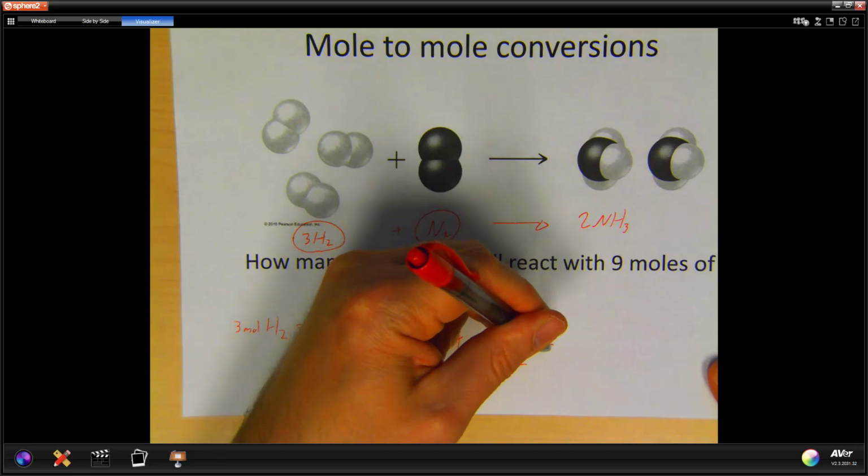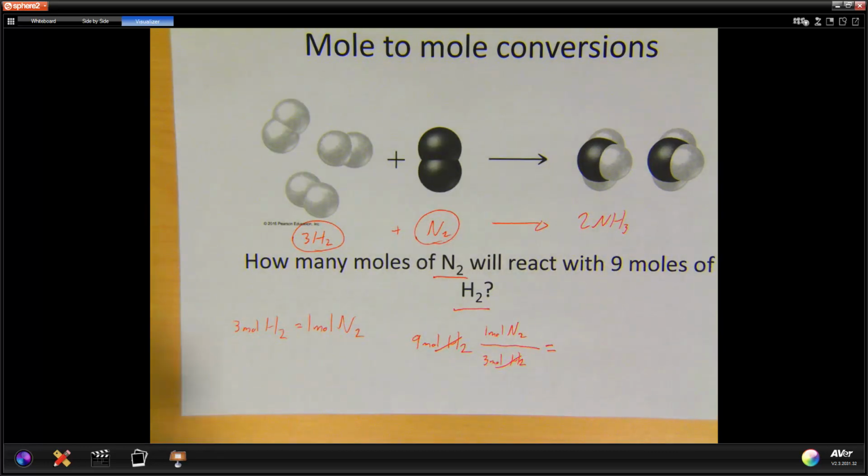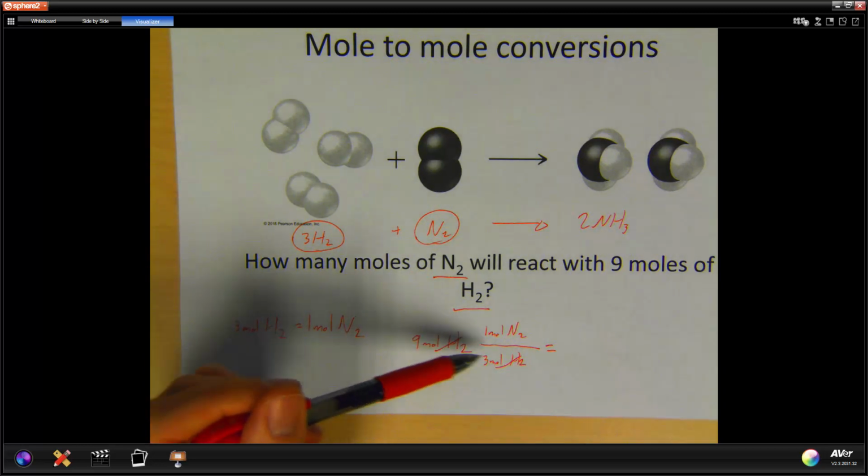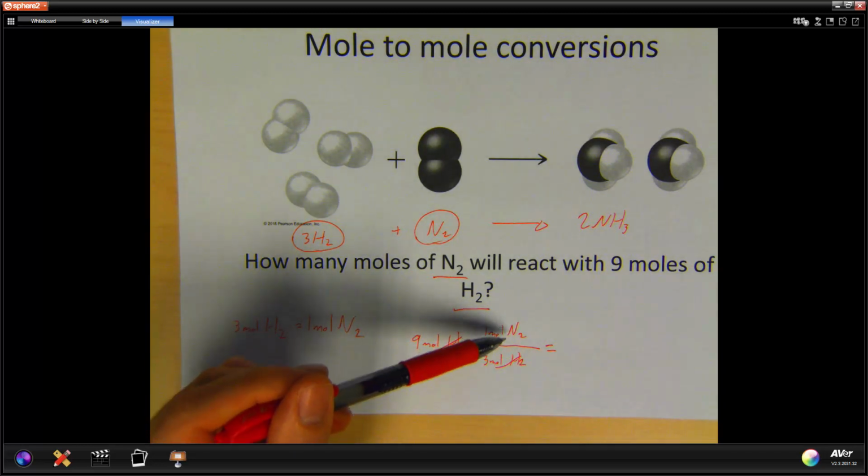of moles of N2. One thing I want to note here, and this might be something you were able to skip over in Module 5, when we do this, we don't just write moles. We have to include moles of what? Because as you can see, we have moles of N2 and moles of H2.